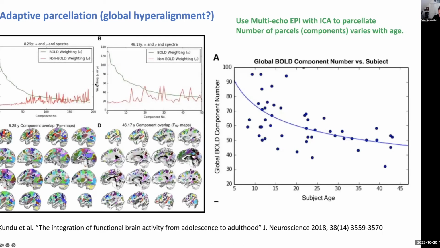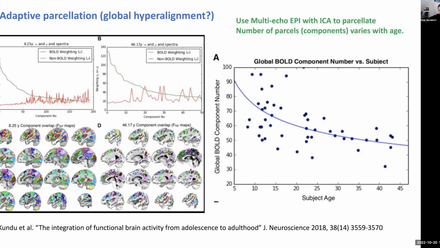And here's another potential caveat as well, more of a data point that's backing up what I just said in the previous slide. This is some work by Prantik Kundu when he was in my group, using multi-echo acquisition.